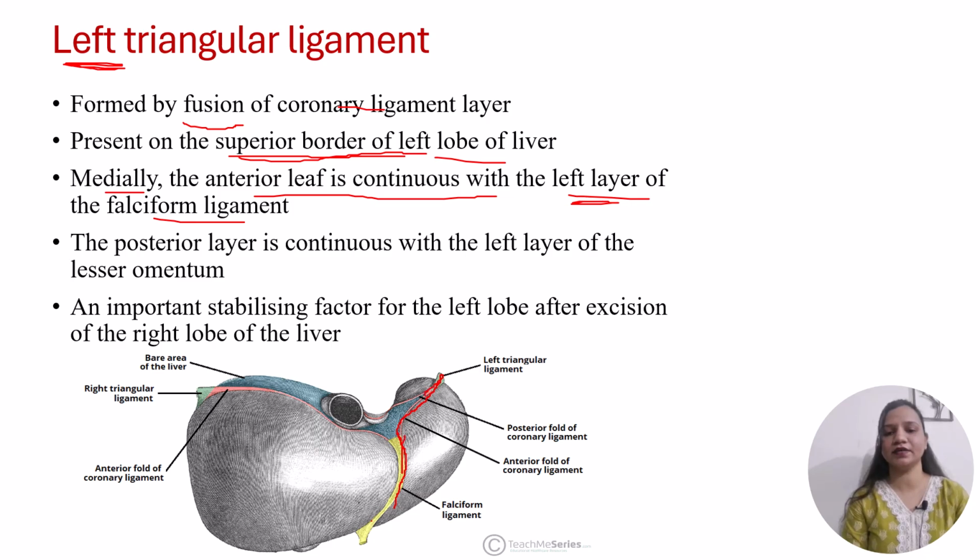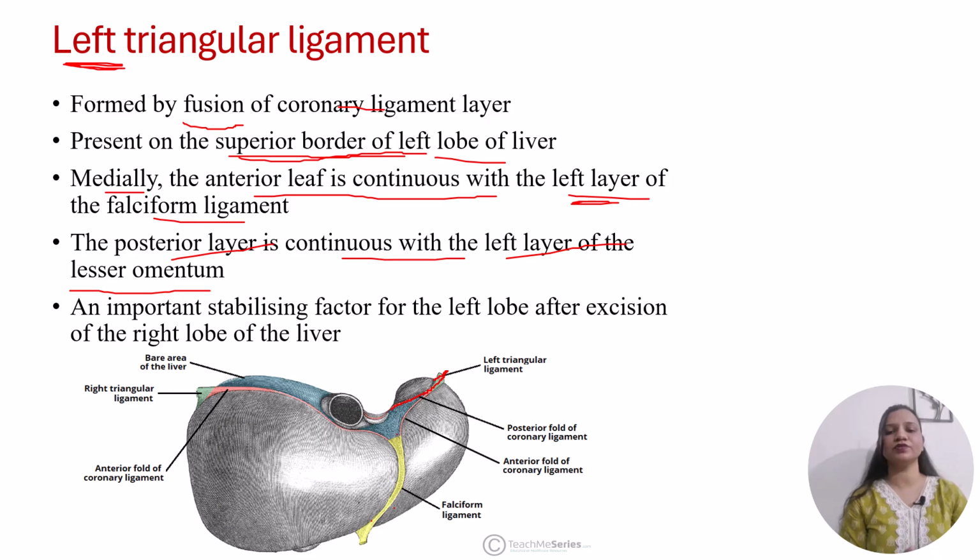So, this is the anterior layer of the left triangular ligament, and the posterior layer of this left triangular ligament is continuous with the left layer of the lesser omentum. As you can appreciate here, this is the posterior layer of the left triangular ligament.